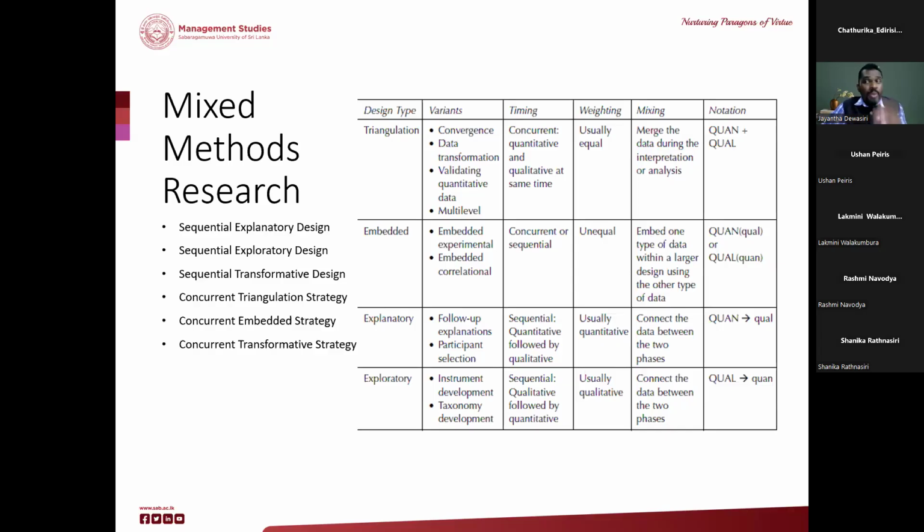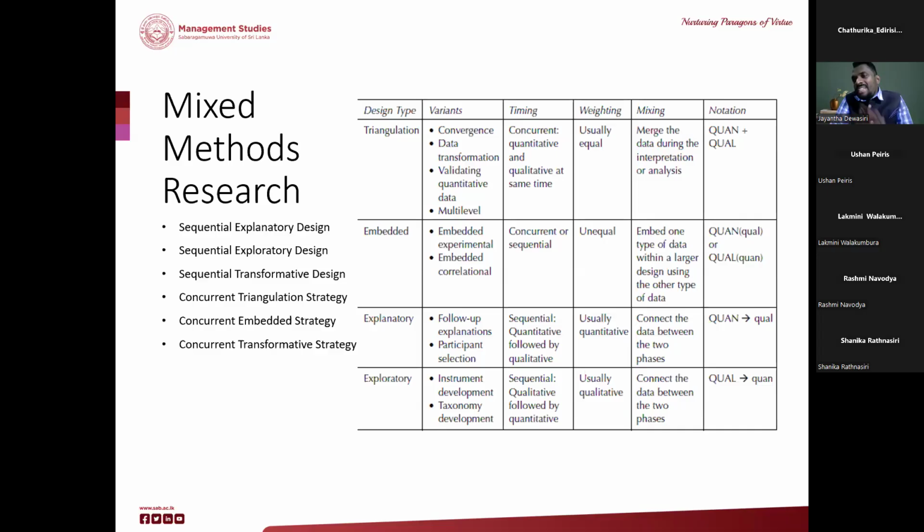So there are so many theories, and theories play a vital role here. Then we can do this study utilizing the sequential transformative design. There is a sequence, but more weightage is given to what? Theorizing. As for timing, you can have either quanti followed up by quali or quali followed up by quanti.